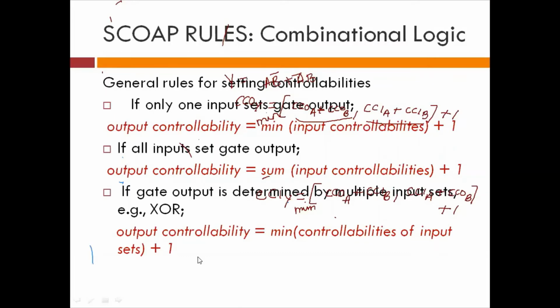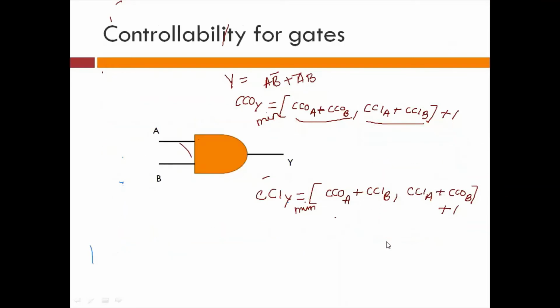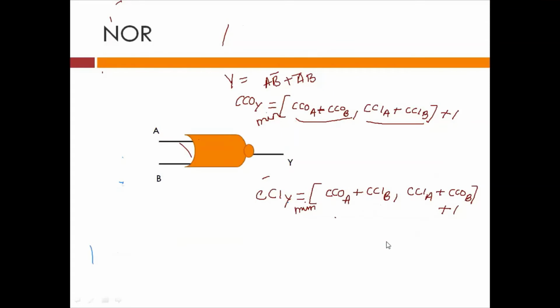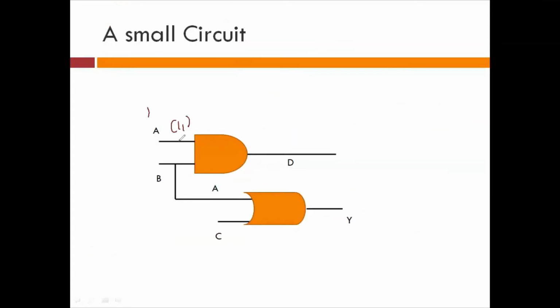So output controllability is a minimum of the controllabilities of input sets. So जितने भी input sets बन रहे हैं उनमें से आपको minimum वाला set उठाना है, not single input. So I hope we are clear on this. XOR gate clear है? So I start with this.